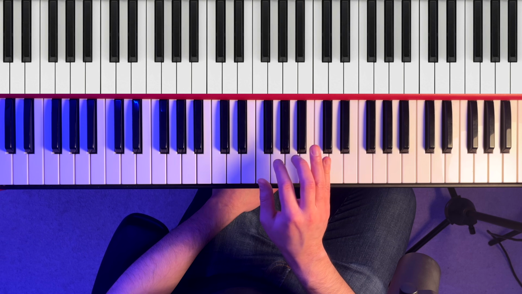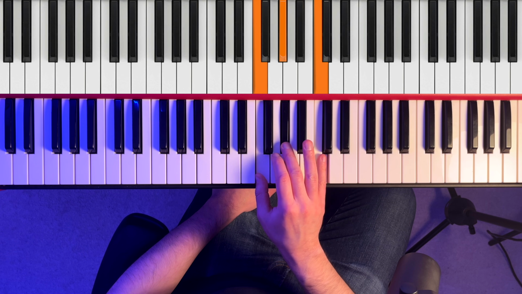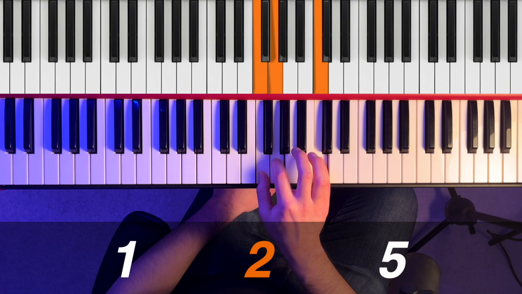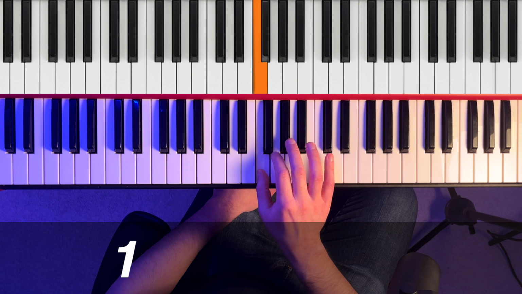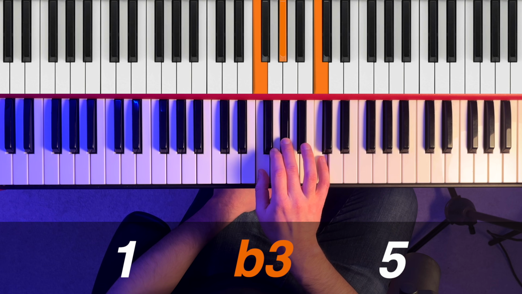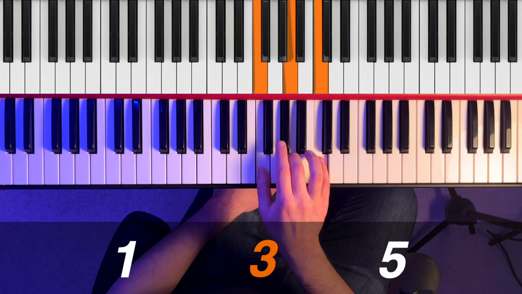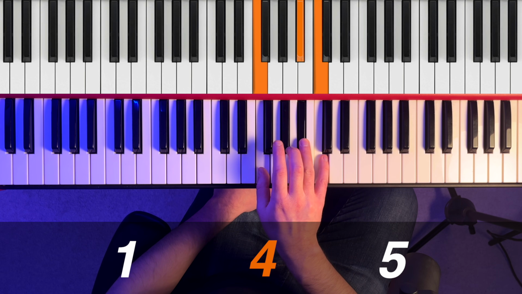So let's do that again. Sus2, minor, major, sus4. So if we had to analyze it with numbers, it would be 1, 2, and 5 for sus2, 1, flat 3, and 5 for minor, 1, 3, and 5 for major, and 1, 4, and 5 for sus4.